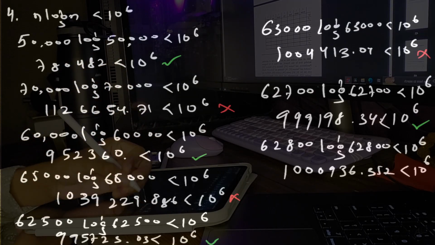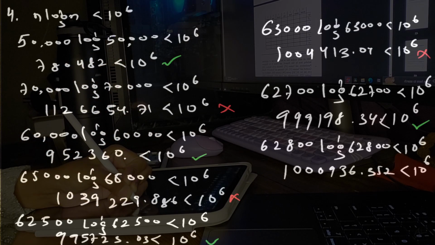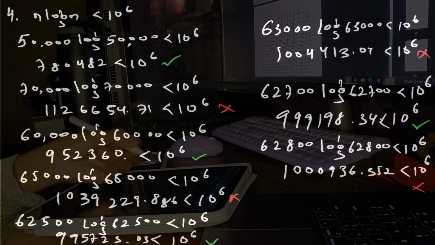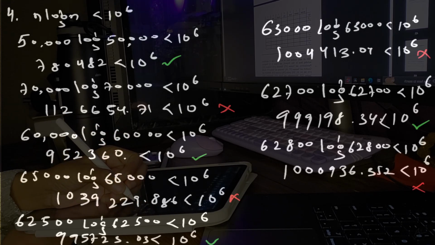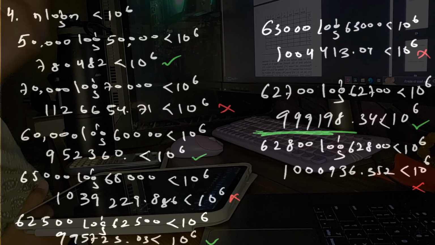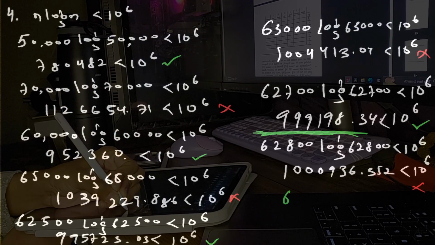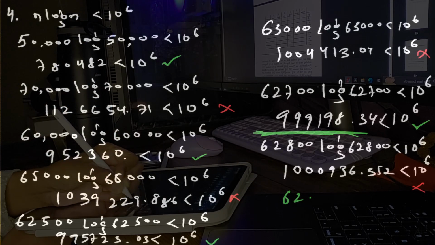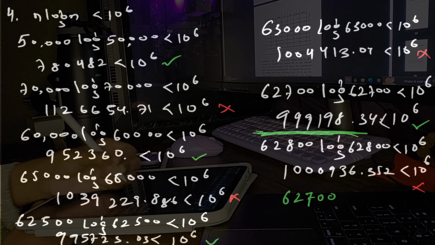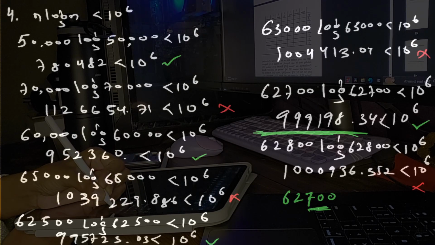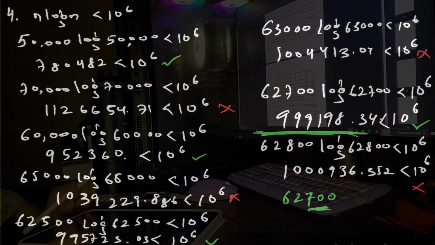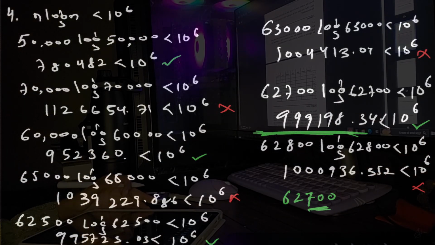And is it less than this? No, it is not. Awesome. So that means our answer for this is 62,700. That's the size that we can take for n log n.